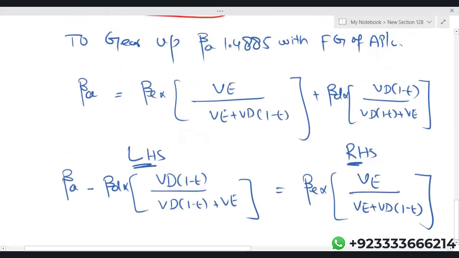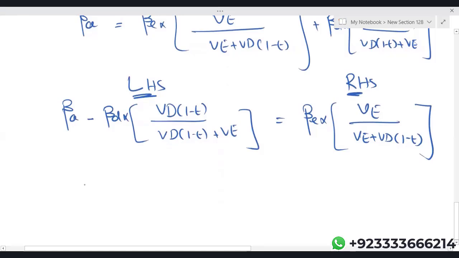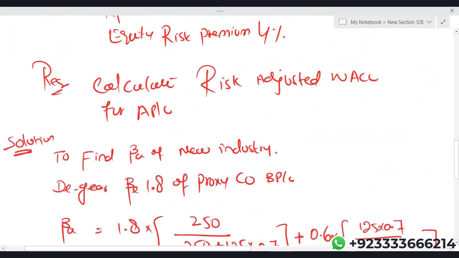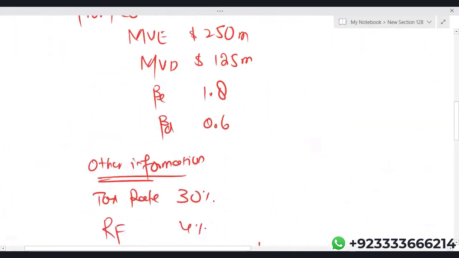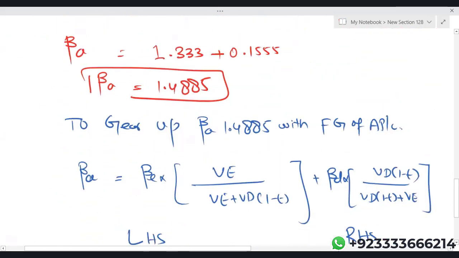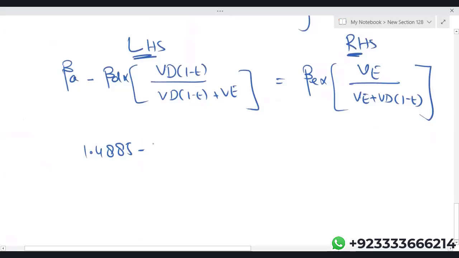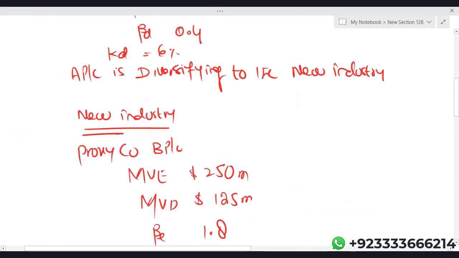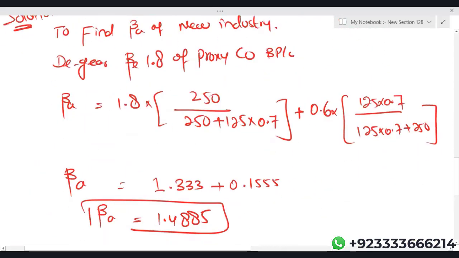Left hand side: beta asset is 1.4885. See, we don't need all this if we don't have beta debt. Because of the beta debt, it is happening. Beta debt of APLC is 0.4. APLC's market value of debt is 80 million.